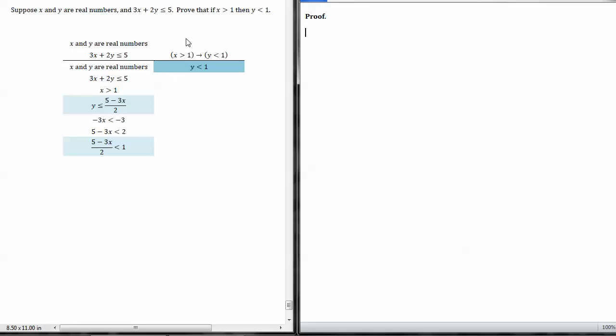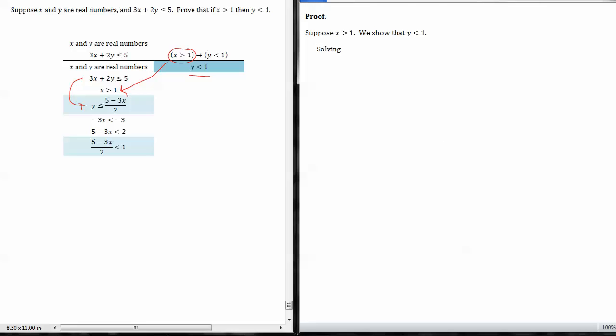The first step was to move the antecedent over as a given, and to take our new goal to be the consequent. So we will say, suppose x is greater than 1, and we show that y is less than 1. Then the first thing we did was to solve this inequality for y.